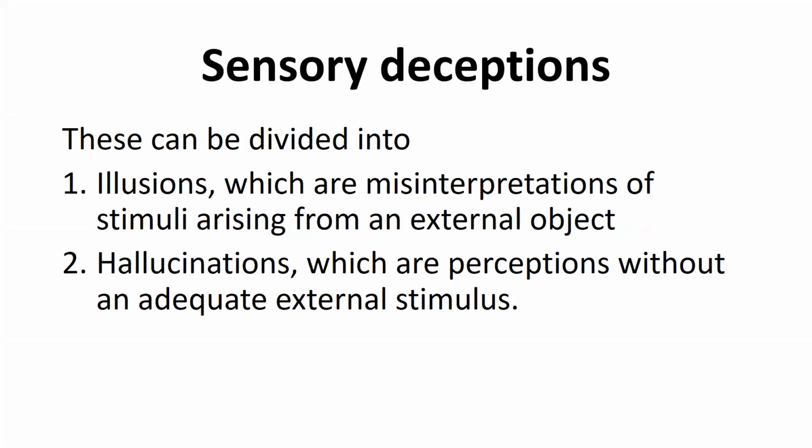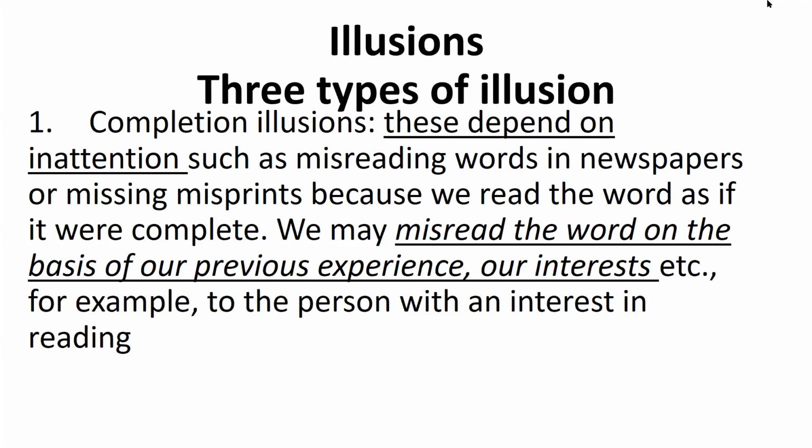So let's move one by one. Illusions. We have three types of illusions that can be really important and relevant to the practice of the general practitioner. Completion illusions, or illusions of completion. This is wrong reading or misreading of newspapers, misreading of events, especially when you missed something, were distracted, or have no complete picture in front of you.